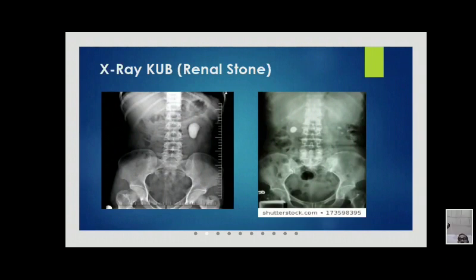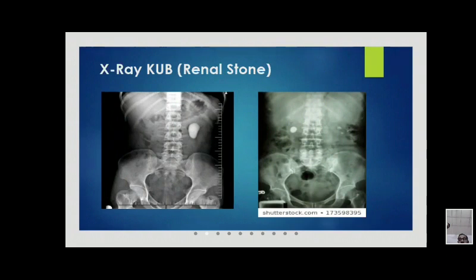Yes. So there are conventional open techniques, and nowadays minimally invasive percutaneous nephrolithotomy, PCNL. So it is a large stone.